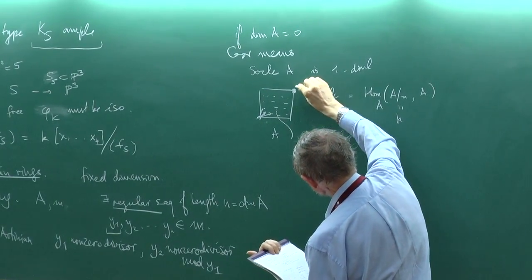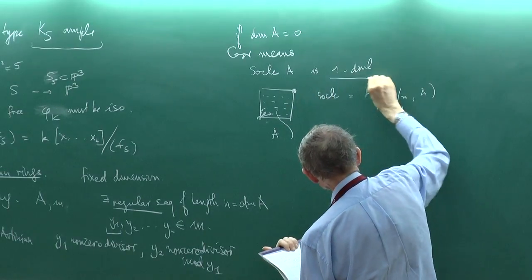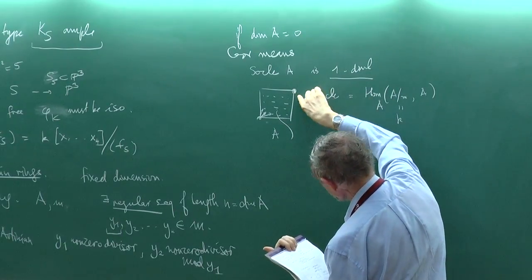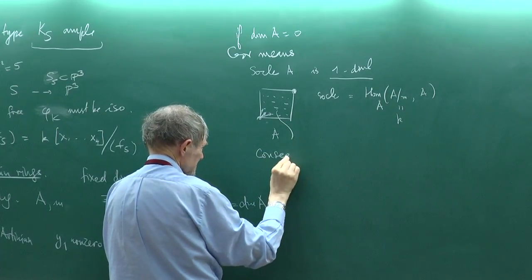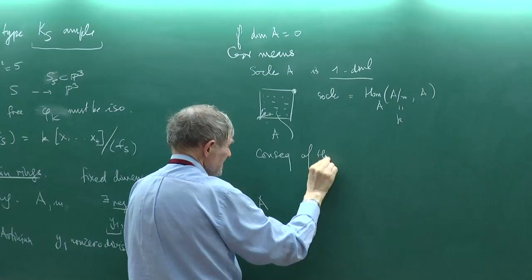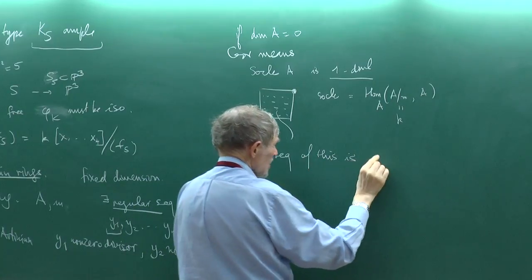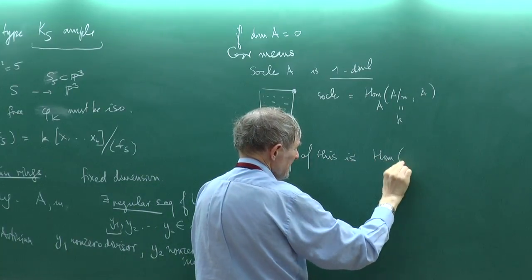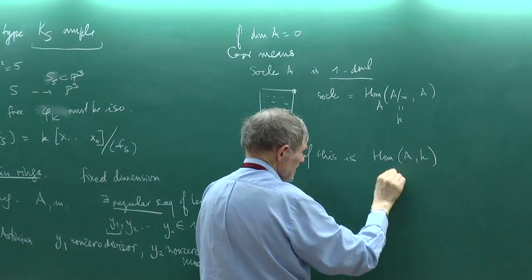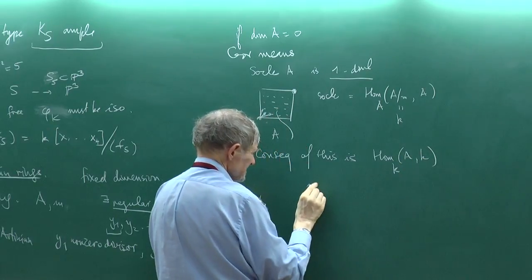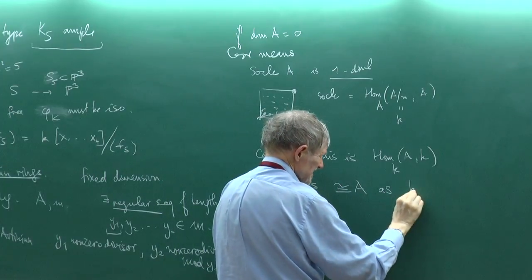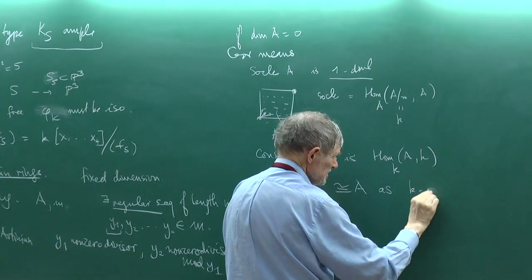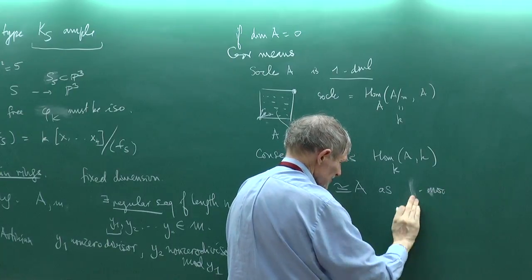I want this to only have a single basis element. So the consequence of this is that Hom_A(K, A) is isomorphic to A as an A module.